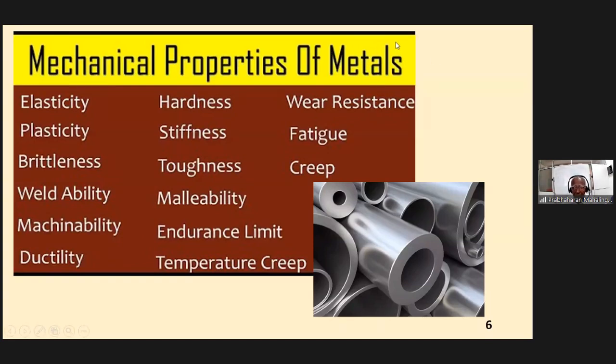Metal has different mechanical properties that I mentioned: elasticity, plasticity, brittleness, weldability, machinability, ductility, hardness, stiffness, toughness, malleability, endurance limit, temperature creep, wear resistance, fatigue, and creep.